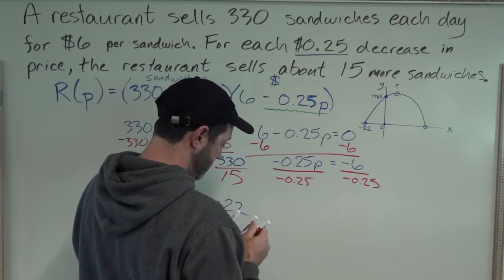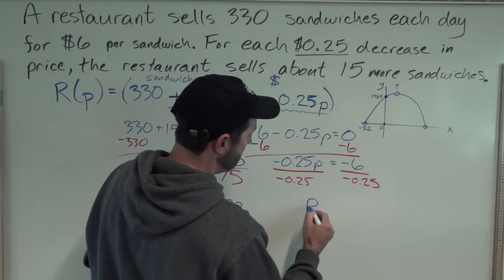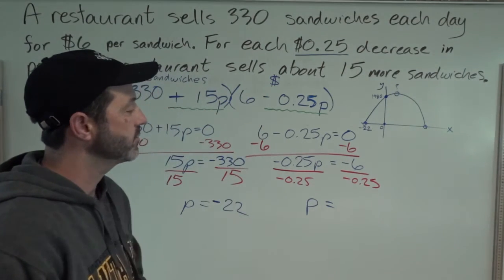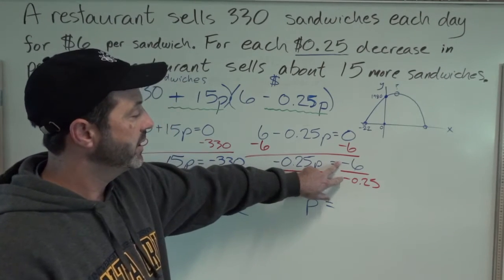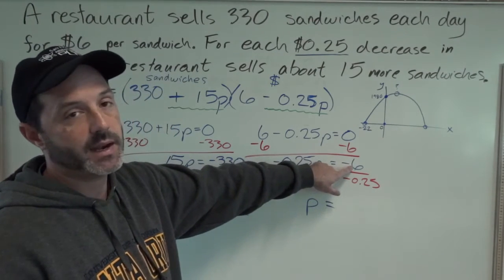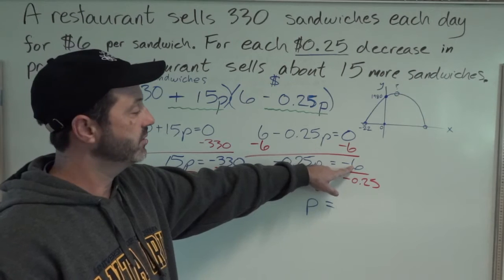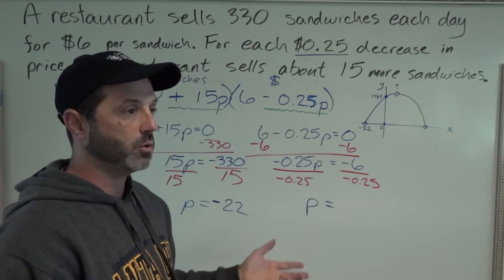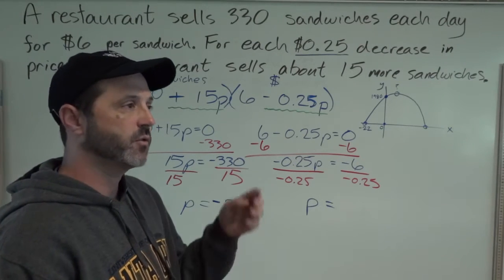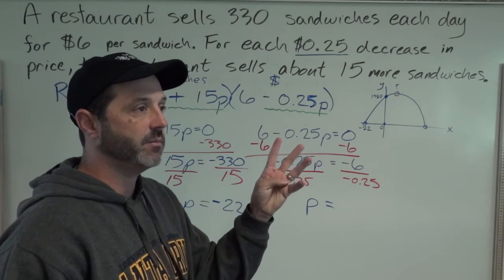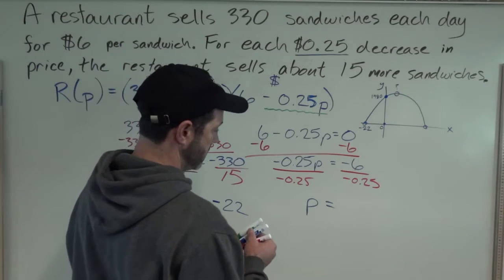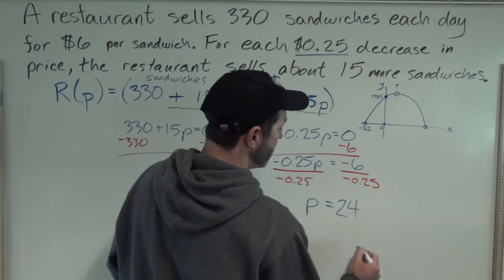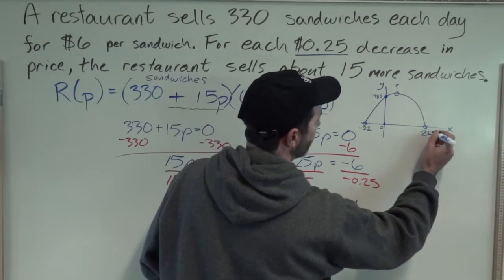Okay, and yes, you can do this division in your head if you think about it like this. First of all, it's going to be positive. More importantly, think of that as the $6 that it was given to you. Divide $6 into quarters. How many quarters make $6? Well, there's 4 quarters to $1. I'm doing that 6 times. That's 24 quarters. So I know the other intercept is at 24.